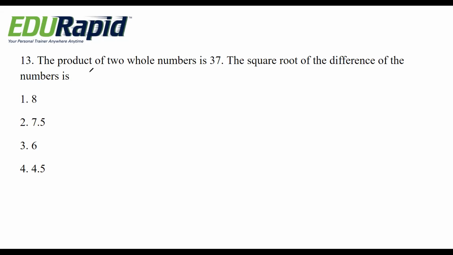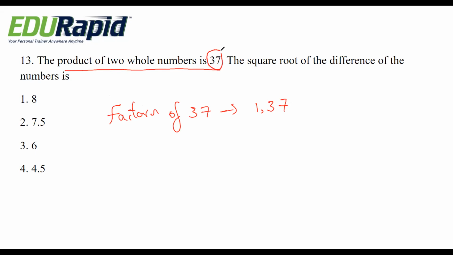Here they are telling the product of two whole numbers is 37. So the factors for 37 are 1 and 37 only, because 37 is divisible only by 1 and itself.